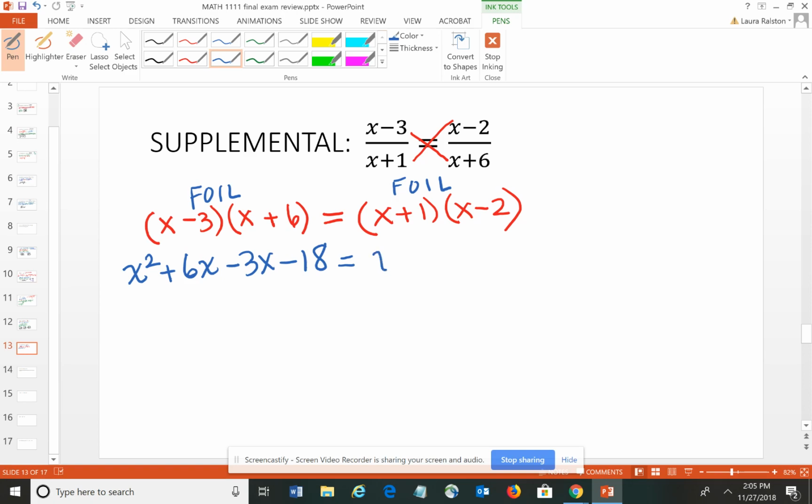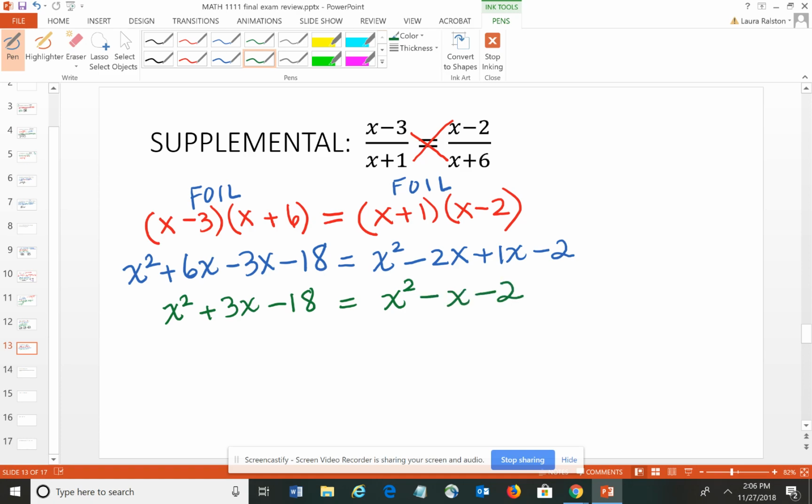On the right side, I have x squared minus 2x plus 1x minus 2. I'm going to combine like terms on each side respectively. So I have x squared plus 3x minus 18 equals x squared minus 1x minus 2.